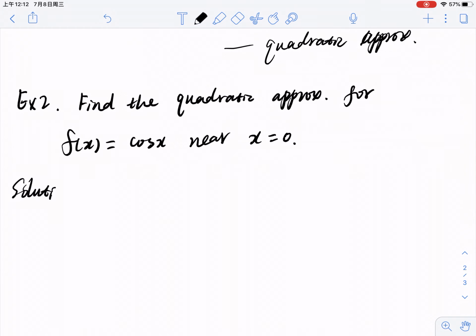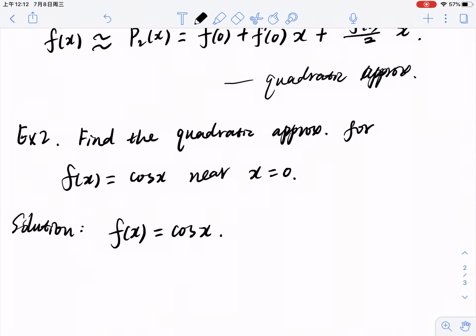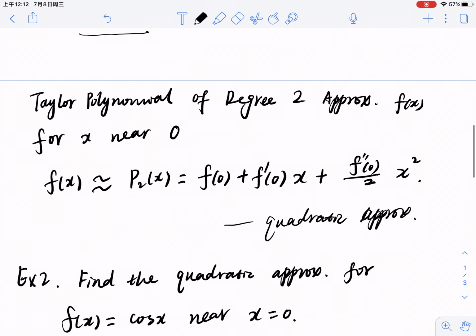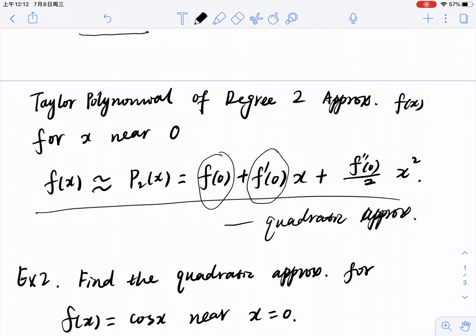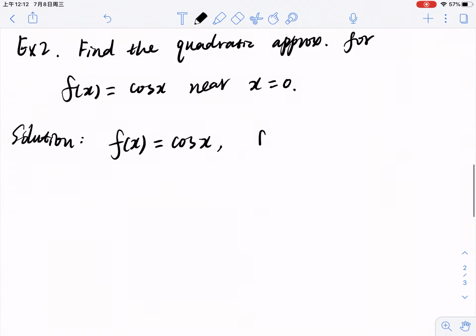So for this example, our function f(x) is cosine x. To find the quadratic approximation, we use this formula. We need to know f(0), f'(0), and f''(0). f(x) is cosine x, so f(0) is cosine 0.